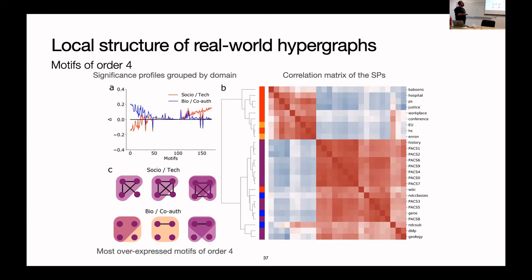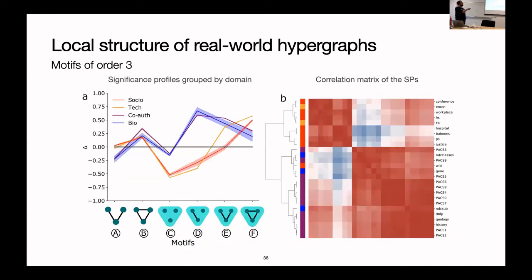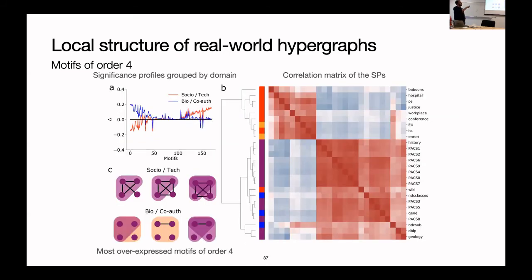And from the correlation matrices, we see again the emergence of the two clusters, but in this case, we have a more fine-grained separation between the clusters. In fact, we can just graphically say that we have many more reds among the blue squares there. Here we have many more just blue squares. So the two clusters are better separated, and also the hierarchical organization of the clusters is much more rich.